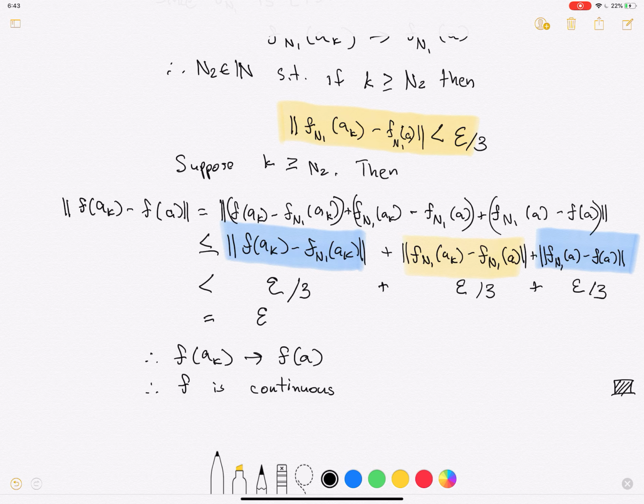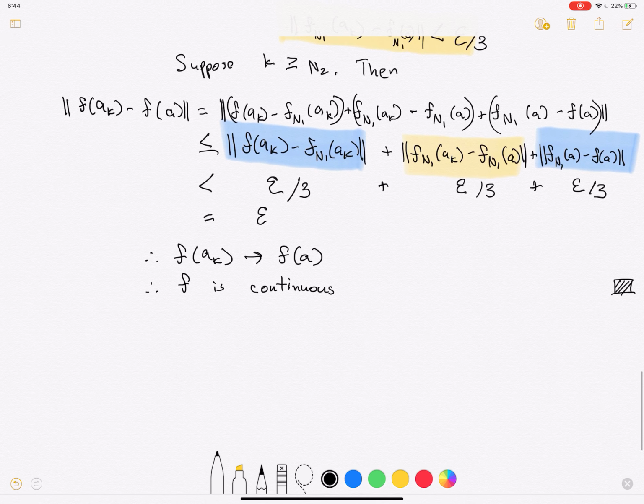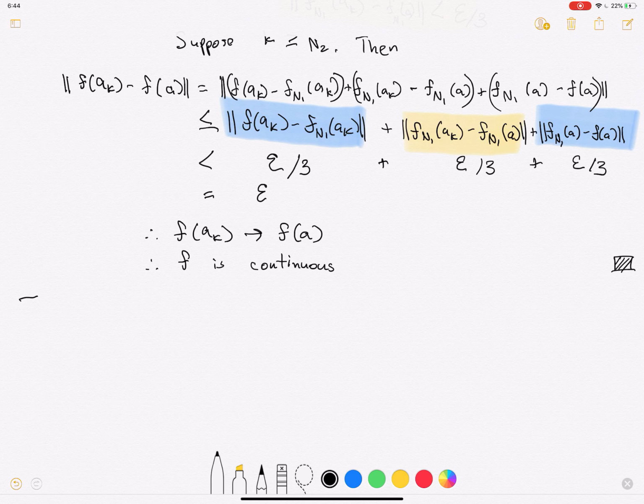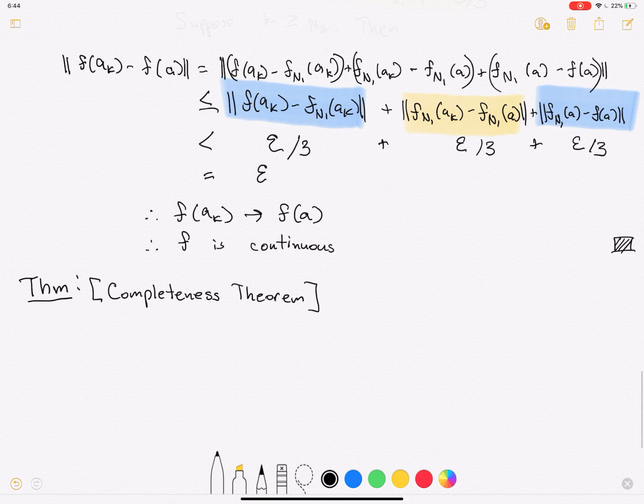Okay, now I'm going to introduce a theorem, and we're going to prove it next lecture. This is the completeness theorem. You may be wondering what space of functions is complete.